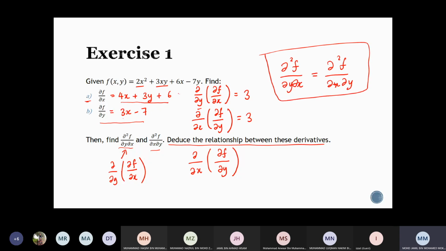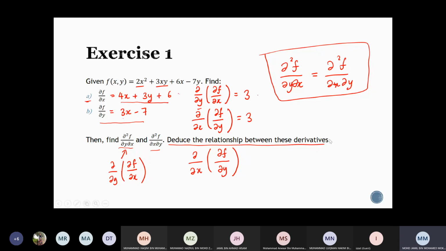If you differentiate a function, it doesn't matter whether you differentiate y first or x first, you will get the same answer. 3 or 3. I hope you understand partial derivative.